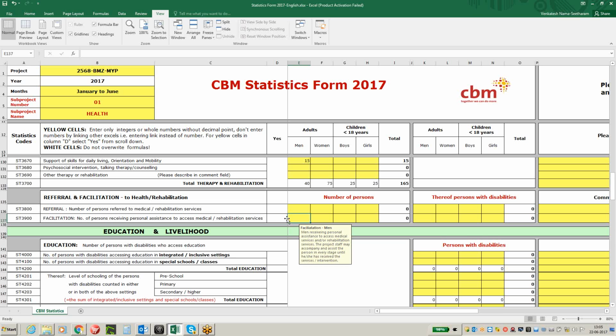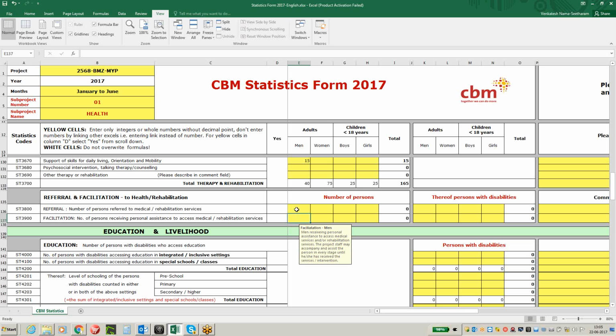And once he or she gets some service at the disability hospital, then the same patient is again referred to the supportive unit to continue getting some services. At the same time, the partner is also getting some patients who have been referred from other facilities not run by the partner. Are all these numbers to be entered in this referral?